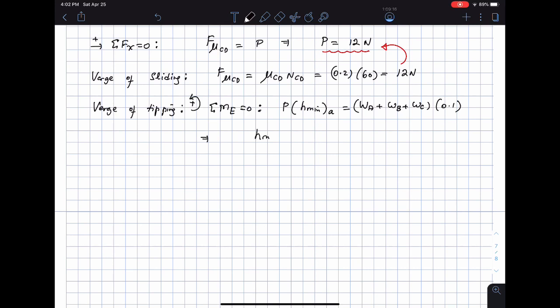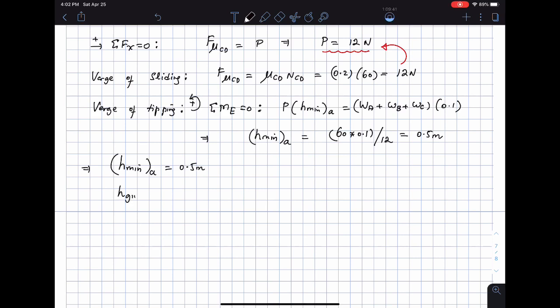Solving for H minimum A, this is 60 times 0.1 divided by 12, or 0.5 meters, which means that H minimum A is 0.5 meters.